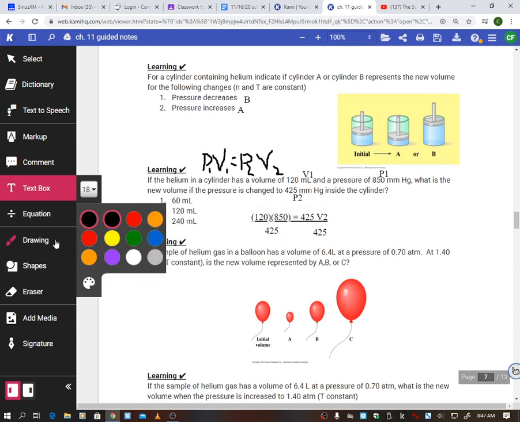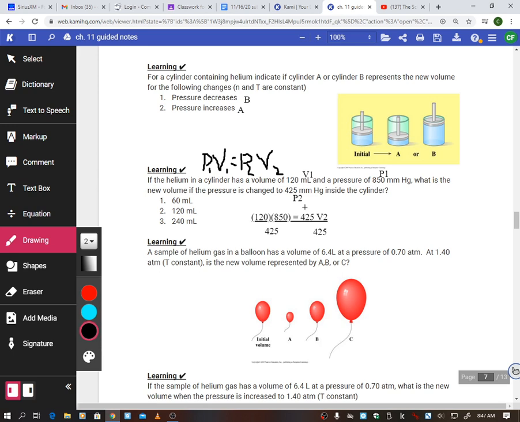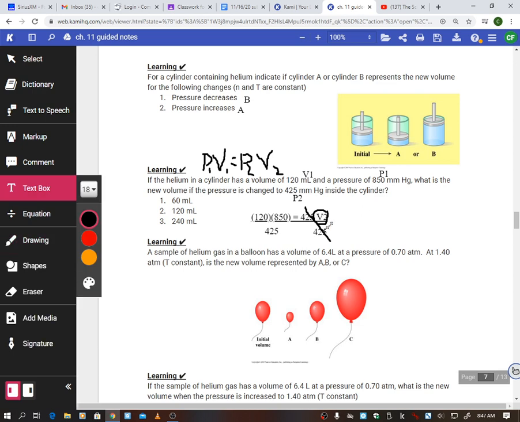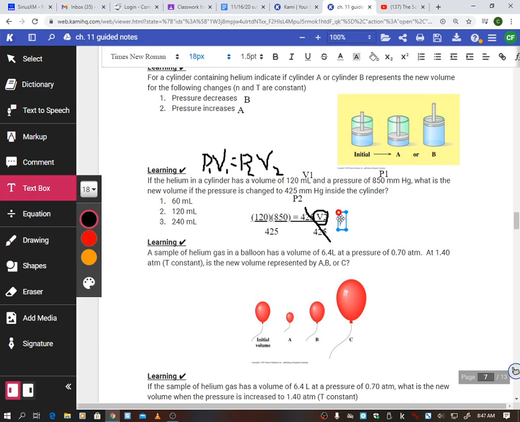What this does is it cancels those out, leaving you with your volume. So I'm going to take 120 times 850 and then divide by 425. Now what this equals, when you plug that in, is 240 milliliters, which is number 3 here.